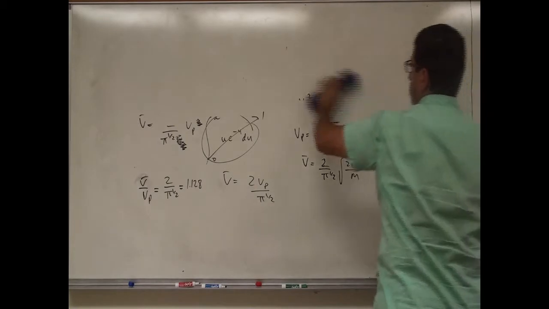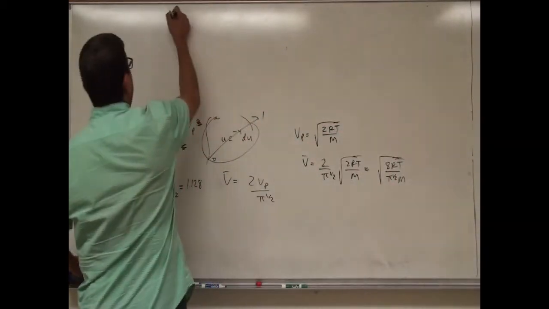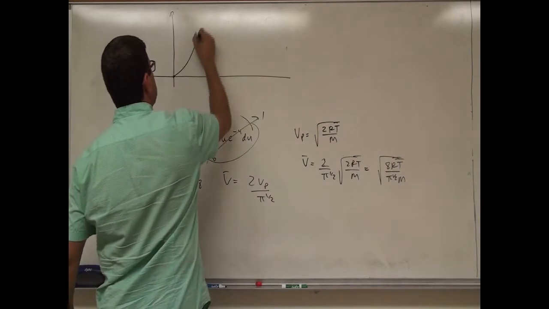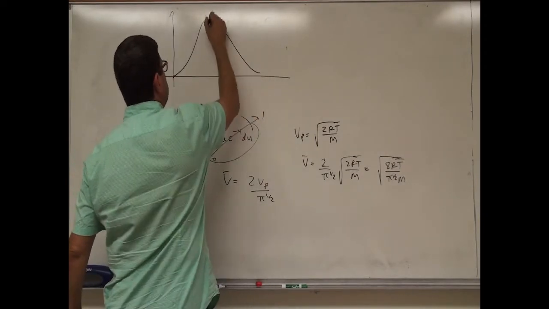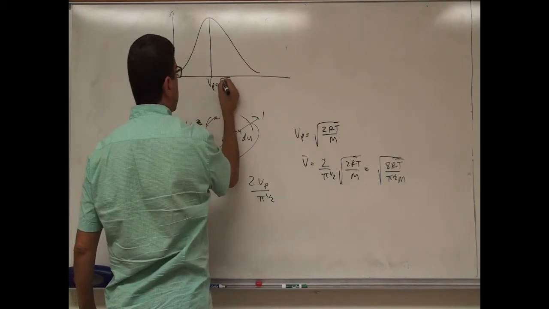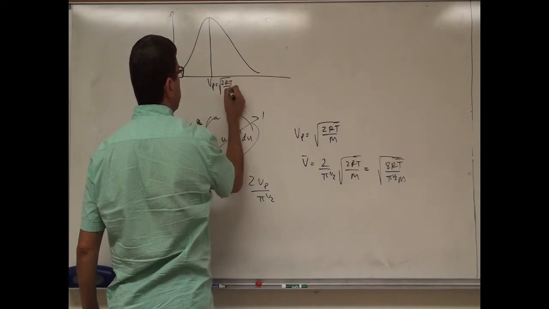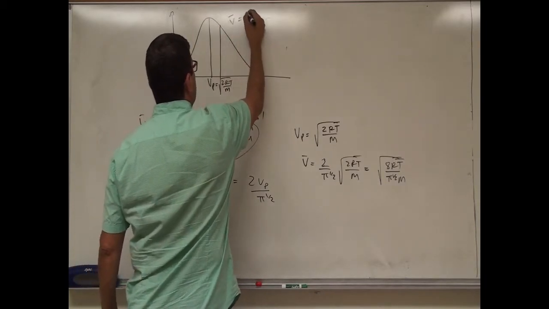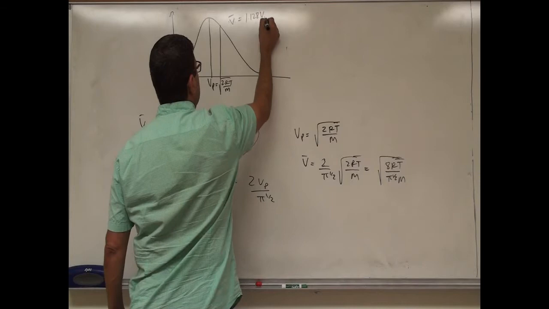On the distribution of gas graph, which looks like this. So this is Vp, right, which equals the square root of 2RT over m. The V average is going to be a value 1.128 higher than that.